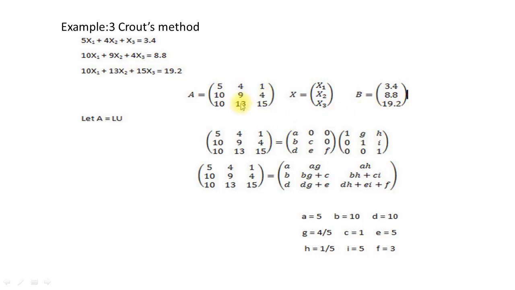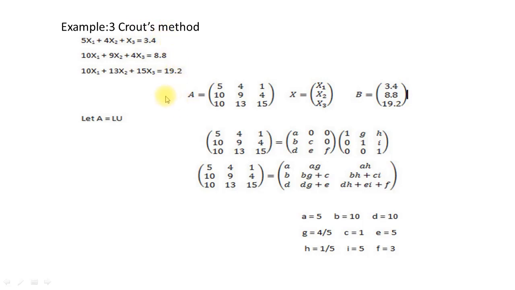Now decompose this matrix A into the lower triangular matrix and upper triangular matrix. In this example, I want to tell you that we can use Crout's method. Between Doolittle's method and Crout's method, there is one simple difference.